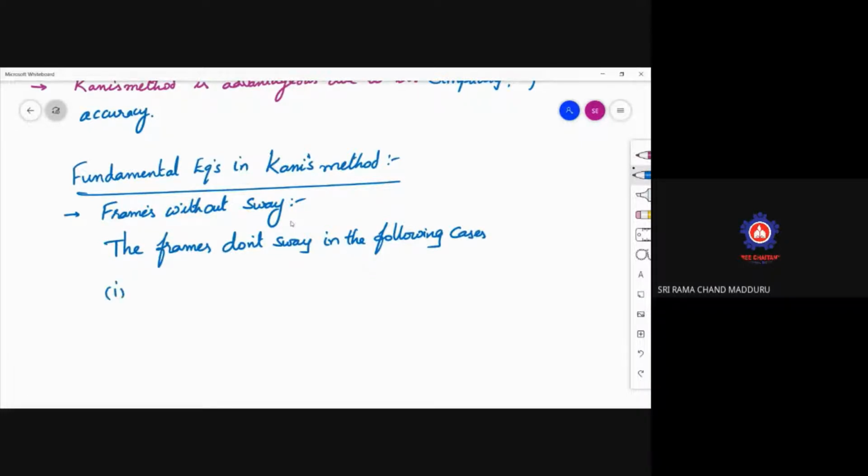First one, when they are restrained at the end joints in rectilinear frames.